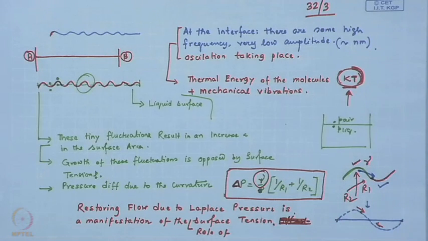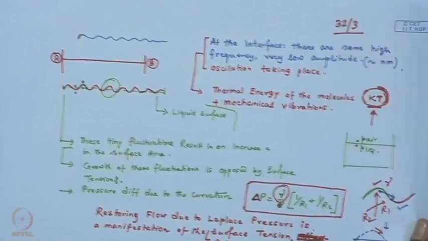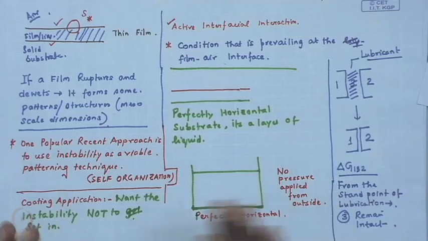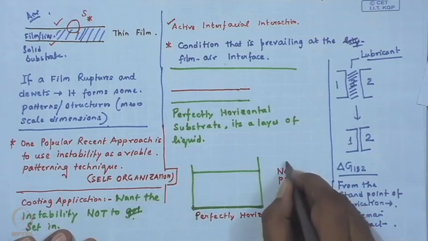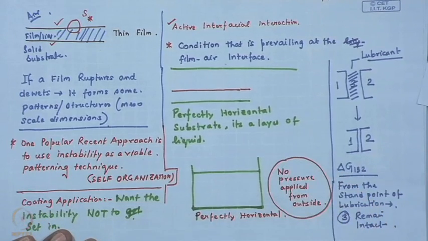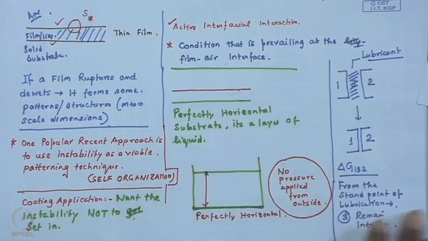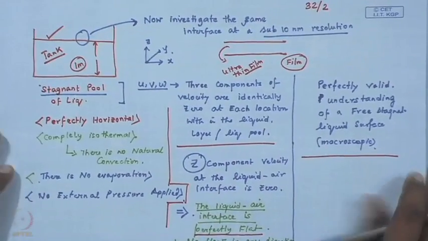So, what is the new understanding we have developed based on the last few minutes of discussion? Let me do a quick recap. We argued that if you have a layer of liquid on a perfectly horizontal surface with no external pressure from outside, it can be a tank of liquid or a liquid thin film or whatever, and all these conditions are met.